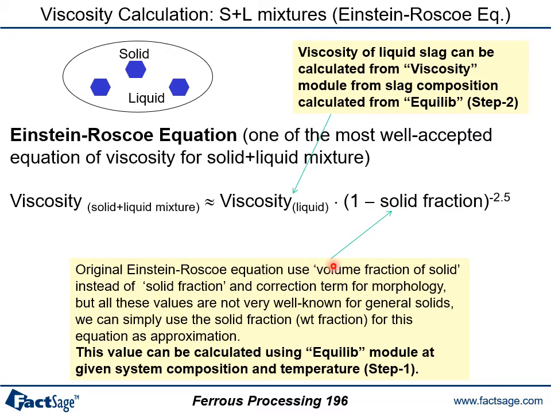In the original equation, this is 1 minus the solid volume fraction, but we don't know very well the volume of the solid phase and liquid phase in the oxide system.